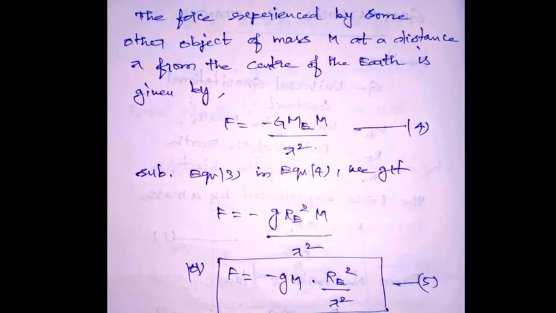Next I am going to calculate the force experienced by the object which is placed at some certain distance from the earth surface. Using the same relation from Newton's gravitation, F is equal to minus G Me into M divided by R square. Now I am going to substitute the value of capital G Me here.